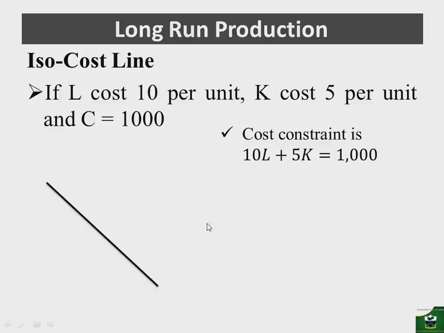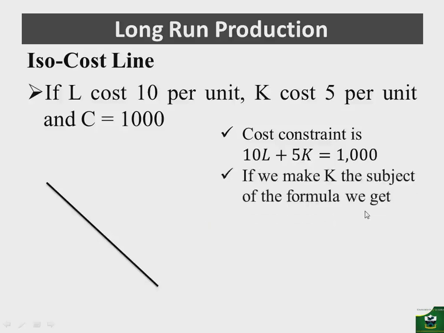So with that, if we make K the subject of the formula, we end up with the equation K equal to 1000 divided by 5 minus 10 divided by 5 L. Simplified, we have K equal to 200 minus 2L. It should be noted that this 200 is the vertical intercept.